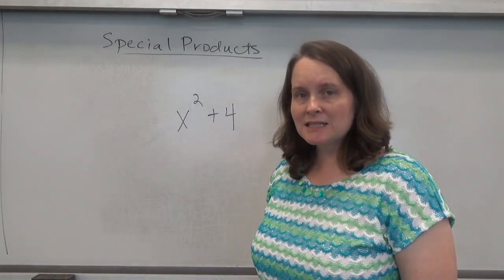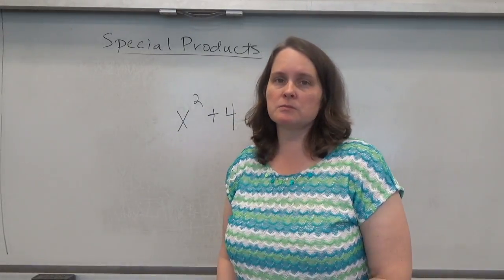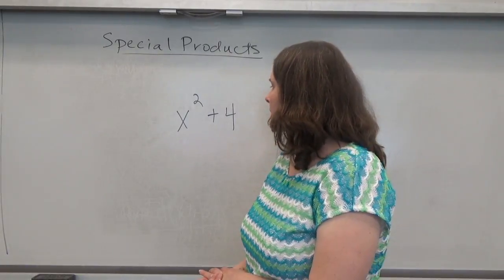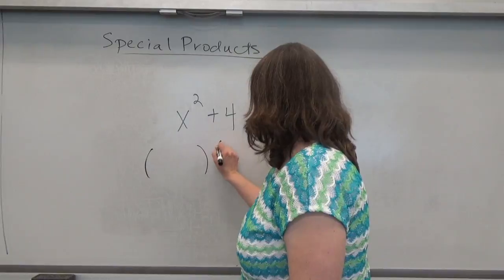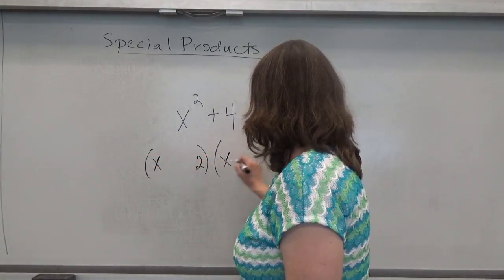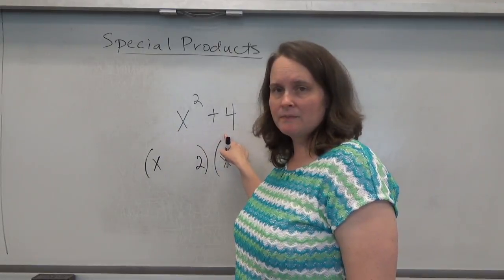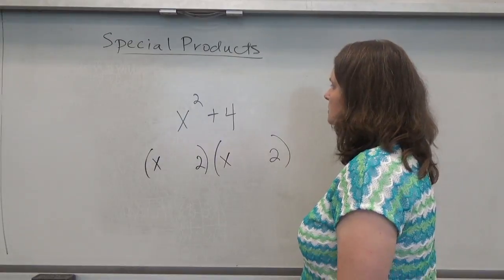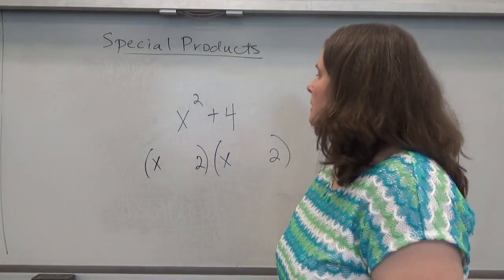You could play with this and try to get it to factor as much as you want to, and I might let you do that in class as practice. But if you try to put numbers in that, if you were to FOIL it back out, would give you this, you'll find that you can't do it. So the sum of squares is prime.